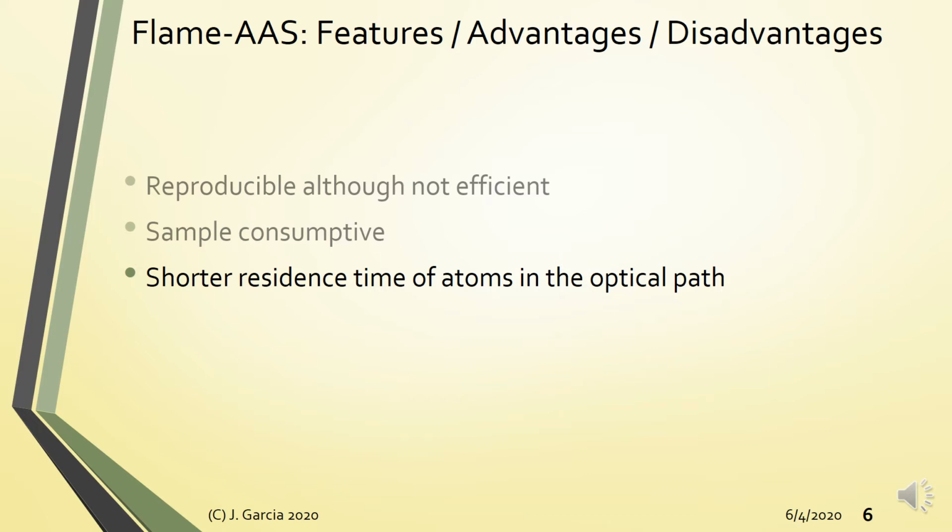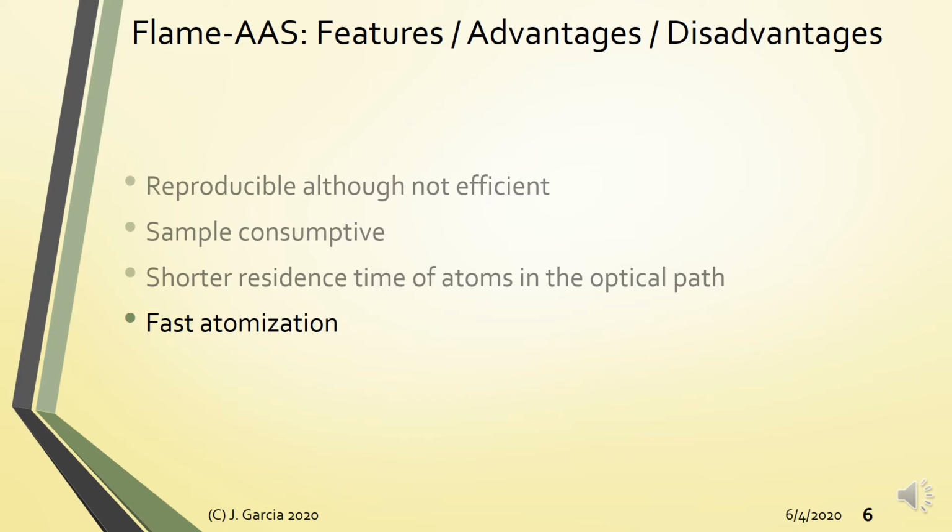Unlike in UV-Vis, where you're using cuvettes and your analyte just stays there, for Flame-AAS your atoms are freely moving away through the flame. That's the reason why during the analysis you need to continuously feed the flame with your sample solution. You must not remove the aspirating tube from your sample solution.